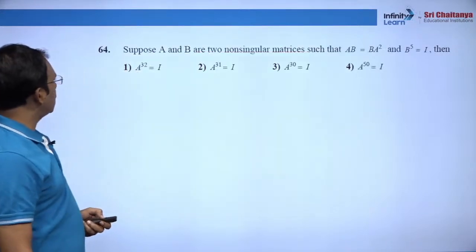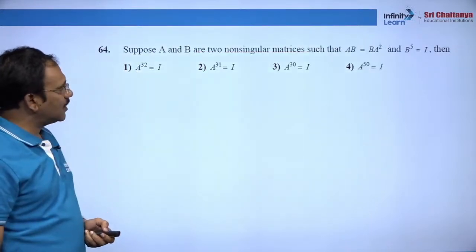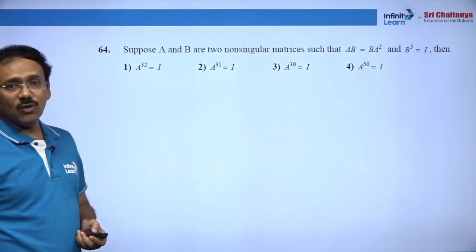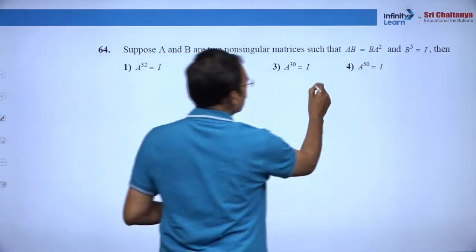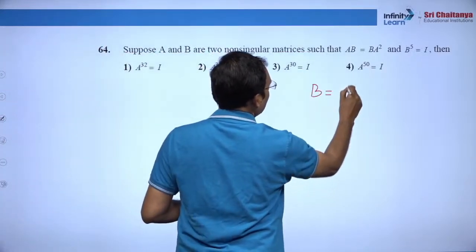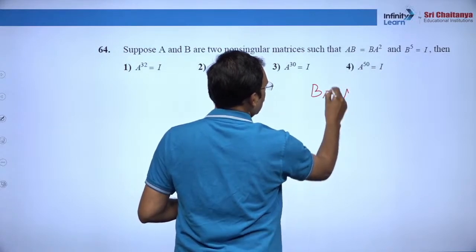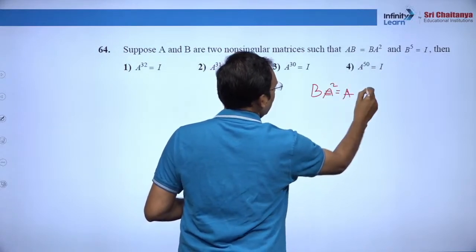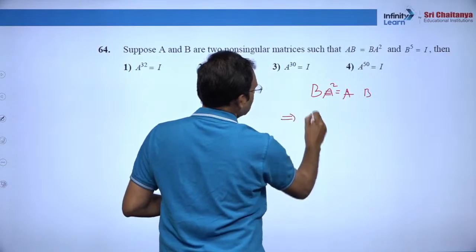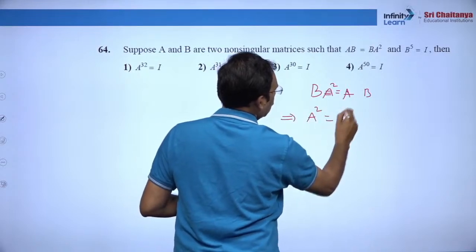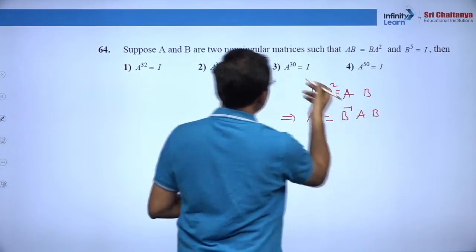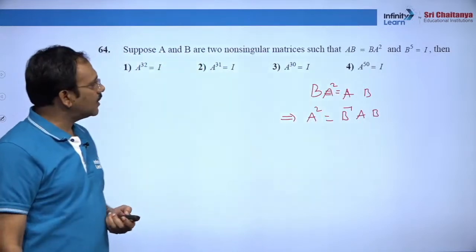Next, my dear students, A, B are two non-singular matrices such that AB is equal to BA square. My dear friends, you can just start this problem. BA square you can say is equal to AB. From this you can say A square is equal to B inverse AB, because B is a non-singular matrix, right.